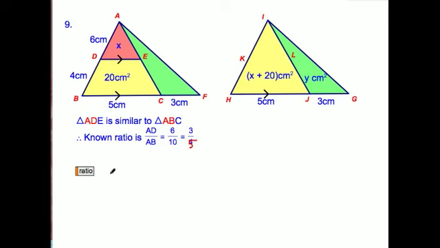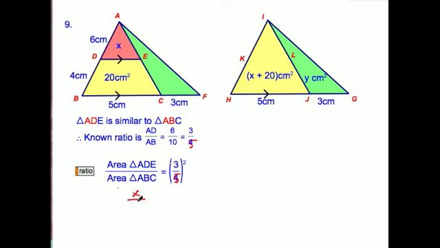Once we have the known ratio, now we can find the area. Ratio of the areas ADE over ABC. ADE is x and ABC is x plus 20, and this equals 3/5 square, the known ratio square.